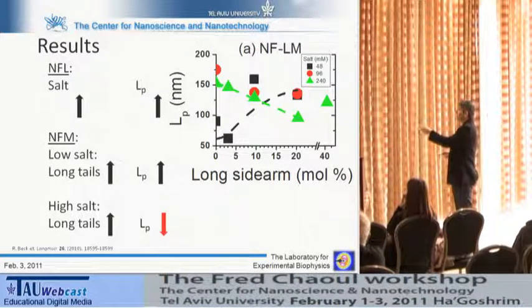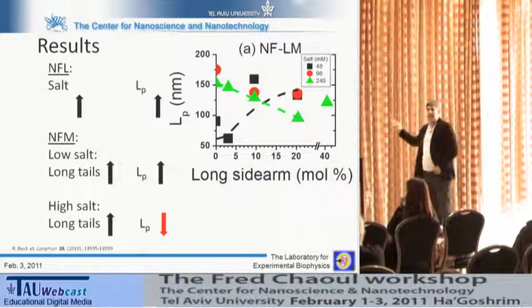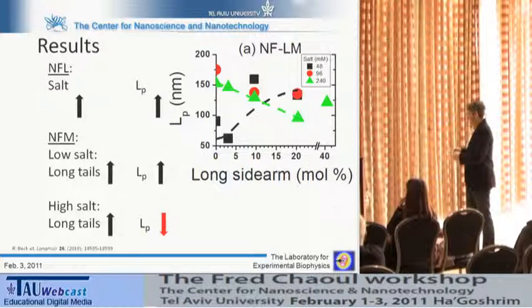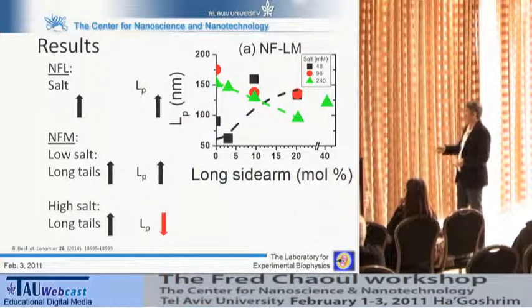This is a phase diagram. 0% is just low. 40% is the highest that you can get with this combination. And let's go over this very complicated information that we have here.